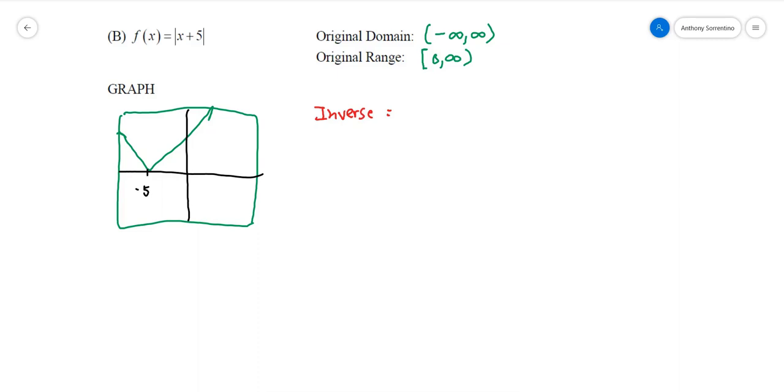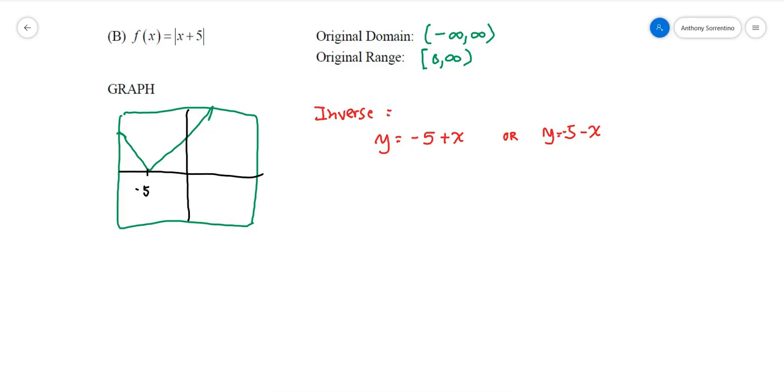When I looked at my inverse, I either had y equals negative 5 plus x, or y equals negative 5 minus x. Those are what I resulted in.